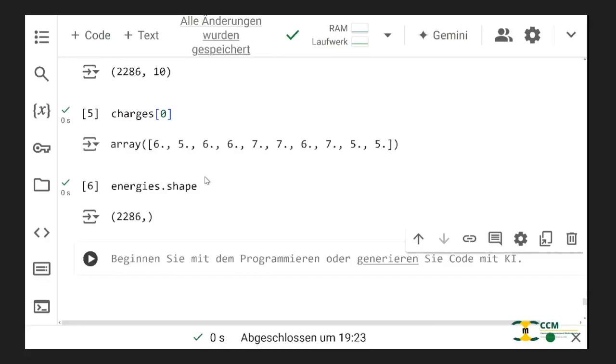For each of those, we need to calculate the Coulomb matrix representation. So we get one vector for the first molecule, one vector for the second, and then one for the last. So in total, that's 100 of these vectors. Now each of those vectors gets assigned the corresponding entry in energies.